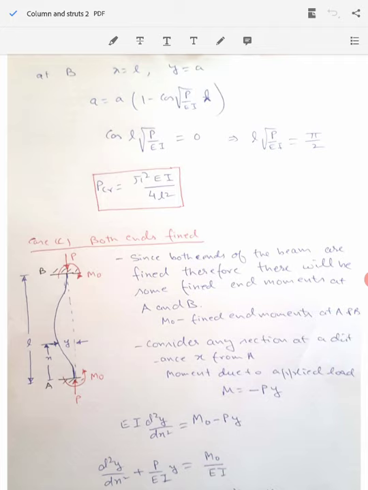For the hinged end, the value was pi square EI by L square, while for the case of free end, it is pi square EI by 4L square. It was 1/4 of the value of what we calculated for the hinged end.